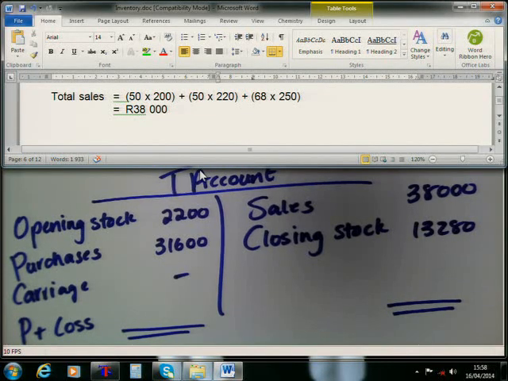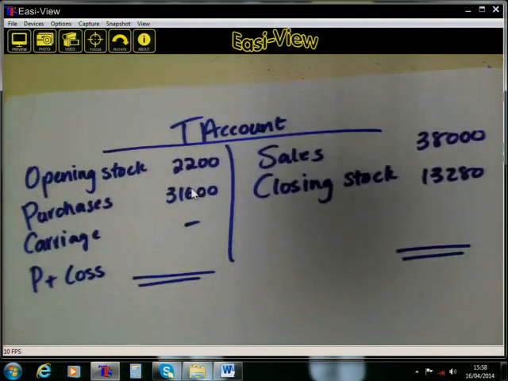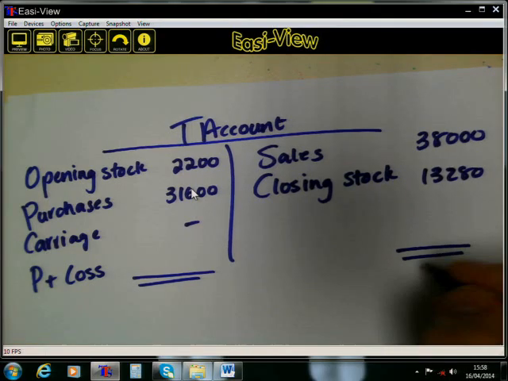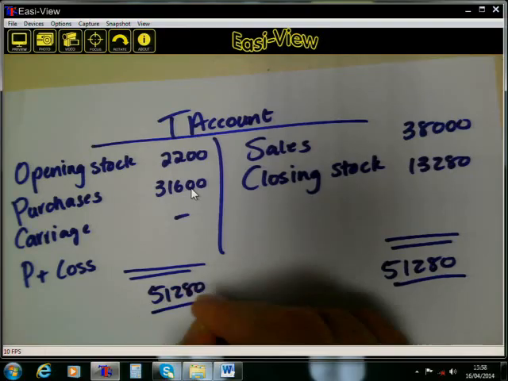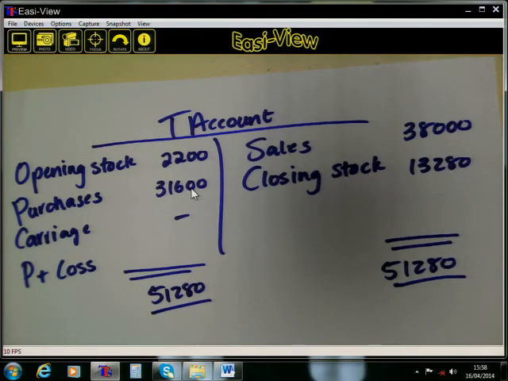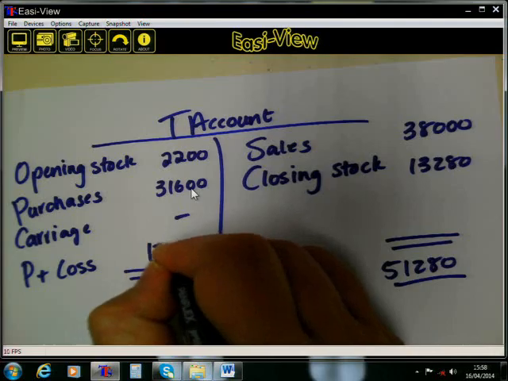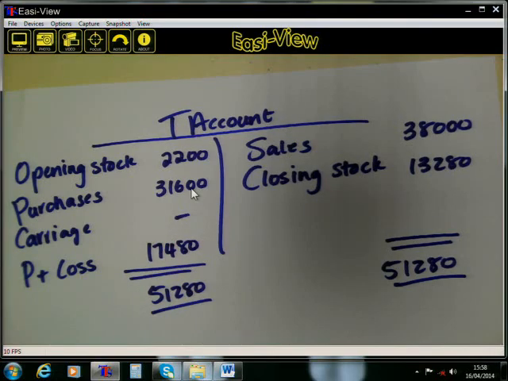You can close off your trading account. 38,000 on the credit side for sales, plus 13280 for closing stock equals 51280. 51280 on this side minus the 2,200 minus the 31,600 equals 17480, which is your gross profit.